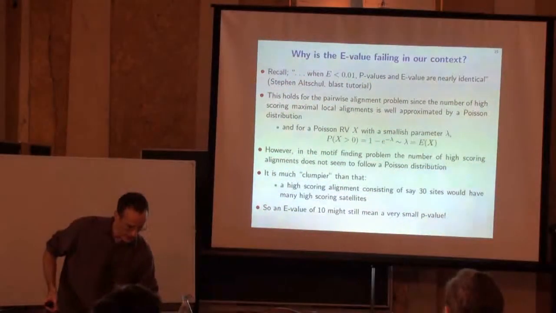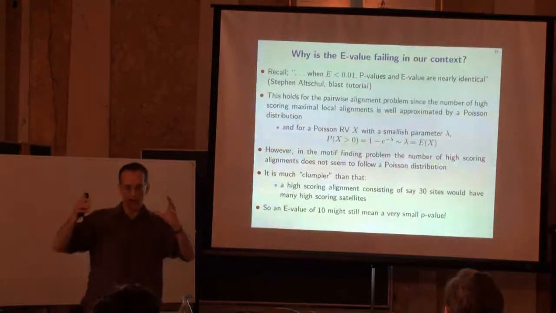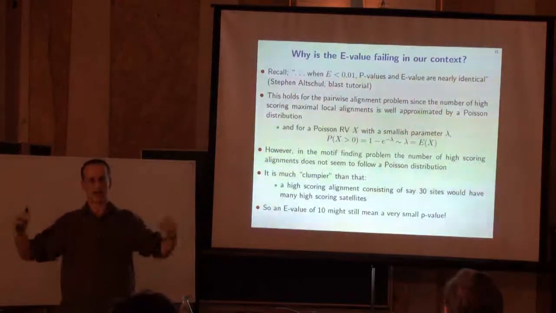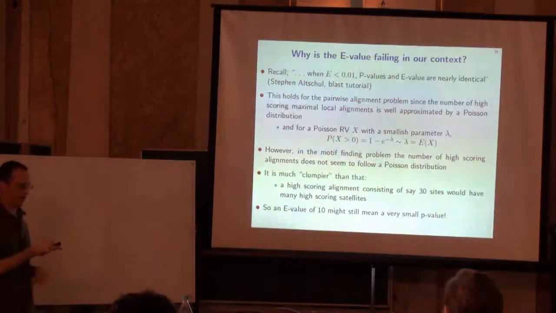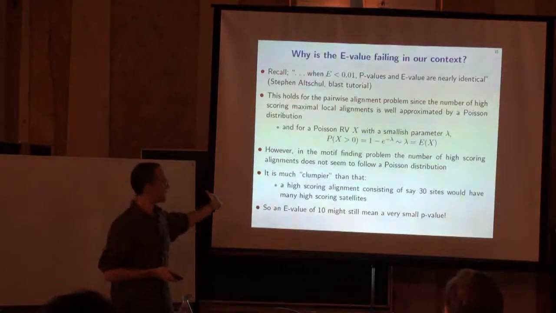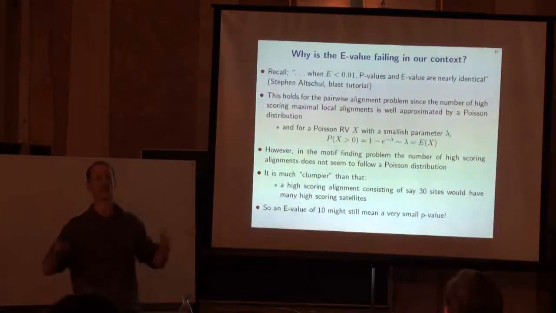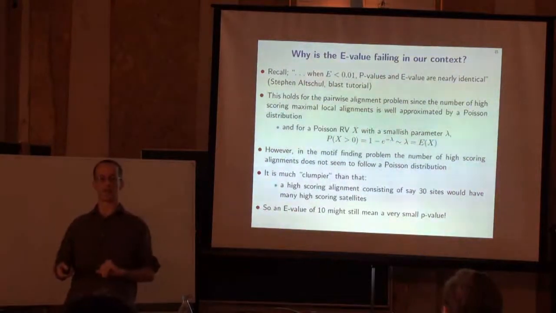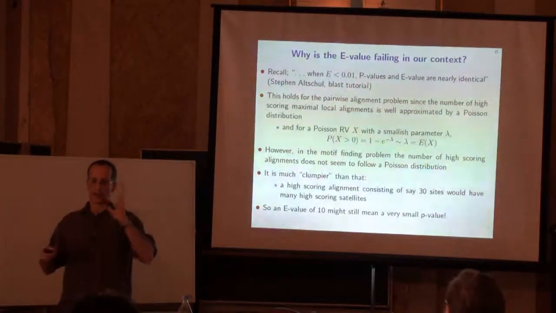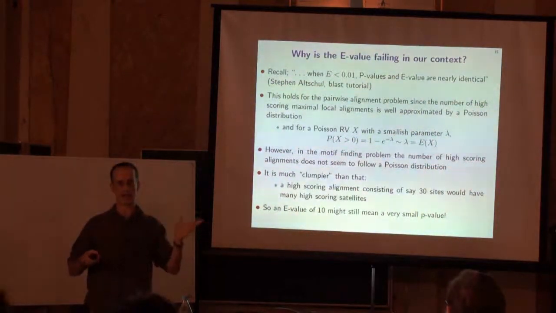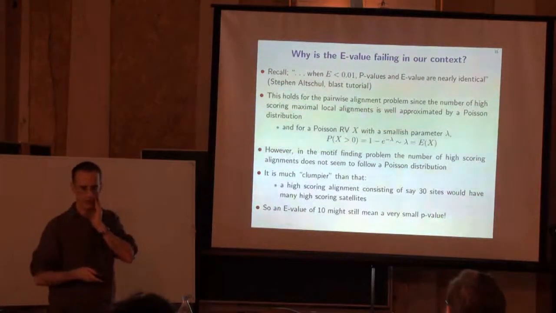So once you have one above the threshold, a bunch of them just jump in, so it's really very different from Poisson. And what it means is that the e-value might be 10, but the p-value might be very, very small, unlike what you have in the pairwise alignment. So the idea of using an e-value seemed reasonable at the time, but in hindsight, it just doesn't work.